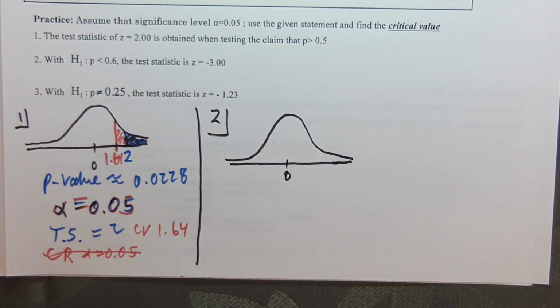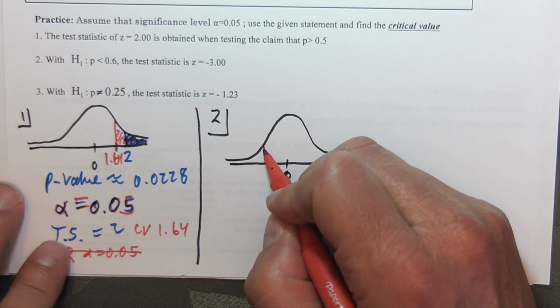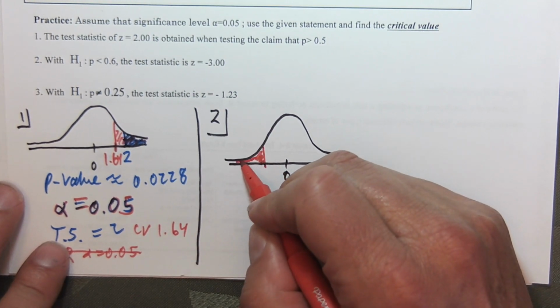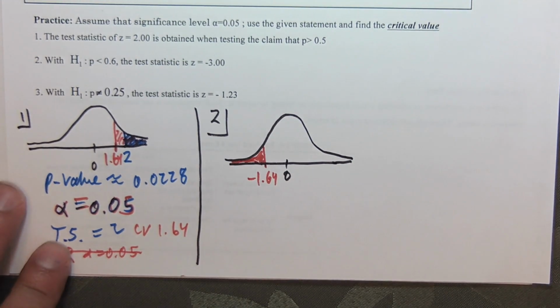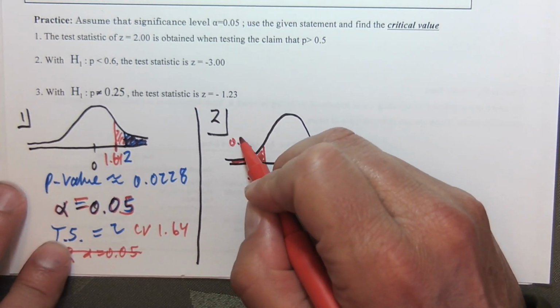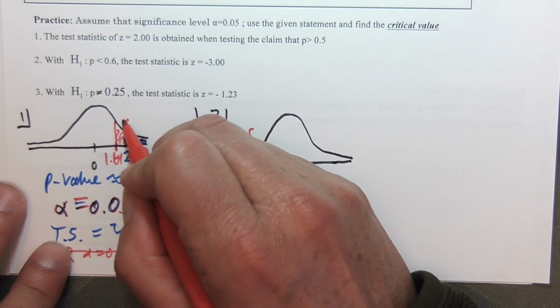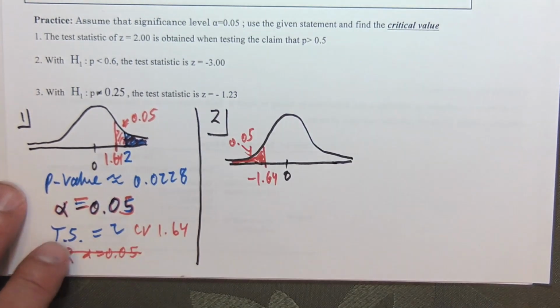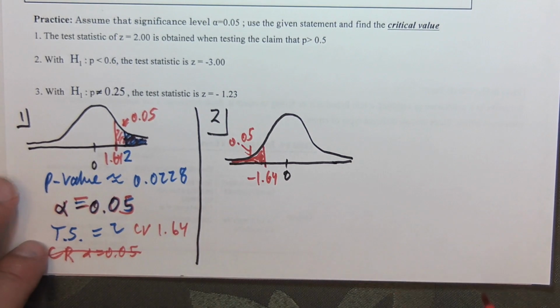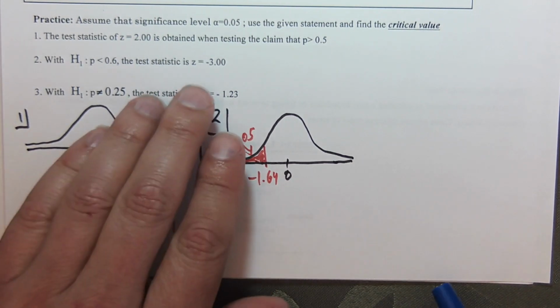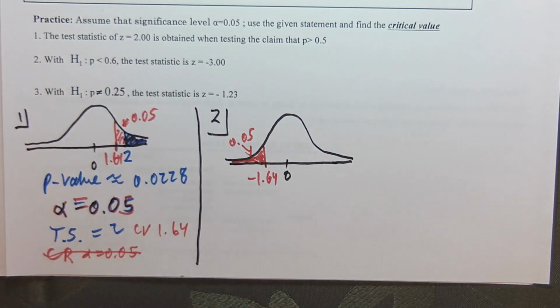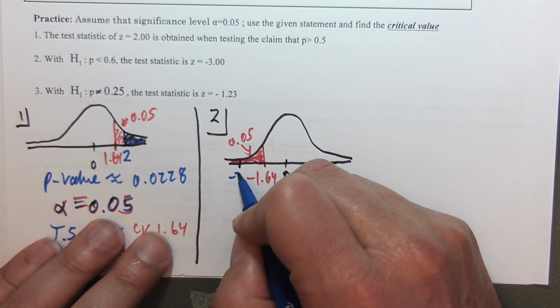So in this case, it'll be negative 1.64. And this is 0.05, just like this was as well. The blue was only this. So we have our test statistic, which is at negative 3. That's way over here if you remember, negative 3.